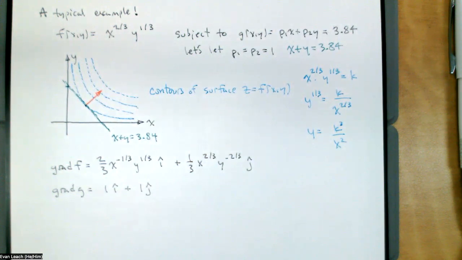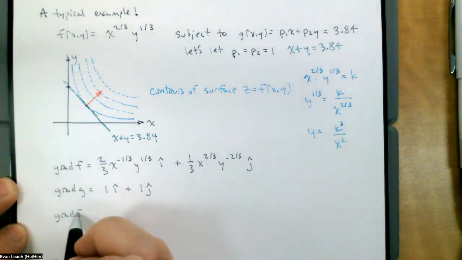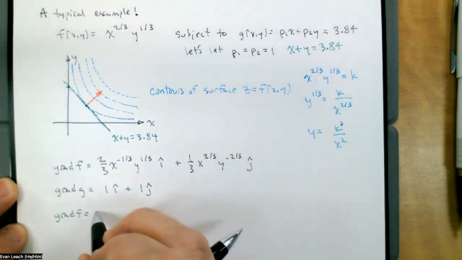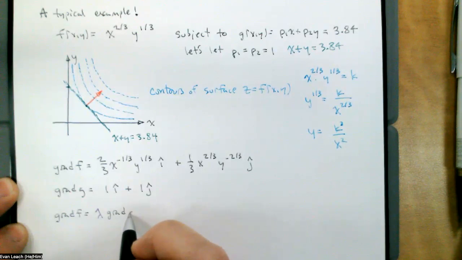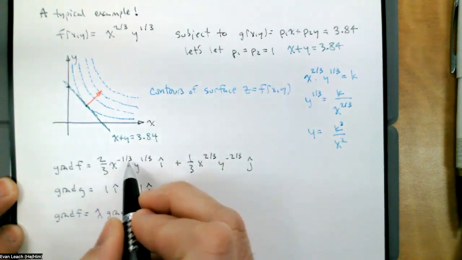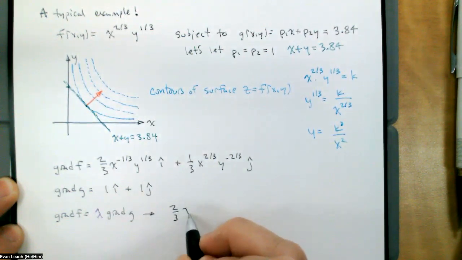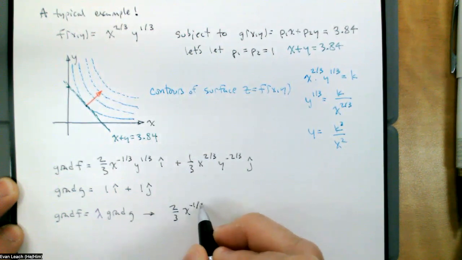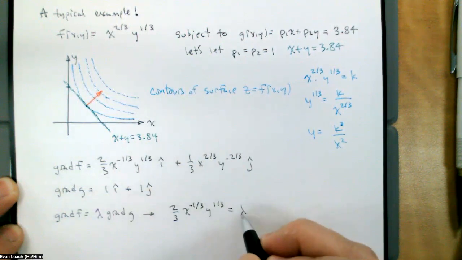We want the gradient of f to equal lambda times the gradient of g. This results in two equations. So when we write gradient f is equal to lambda times gradient of g, we get two equations. We get that 2/3 x to the minus 1/3 y to the 1/3 is equal to 1, or lambda times 1.